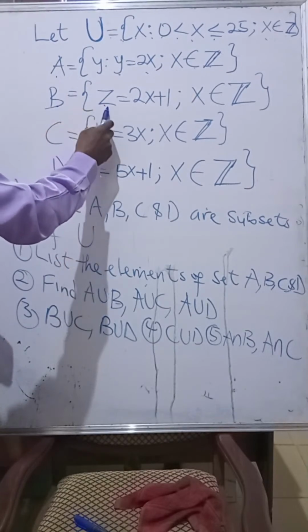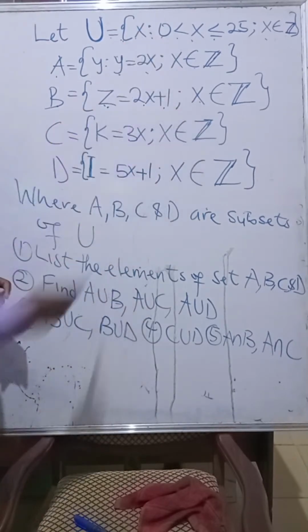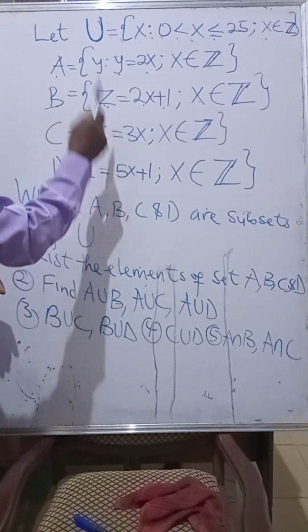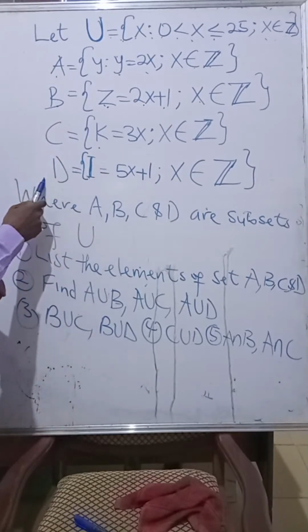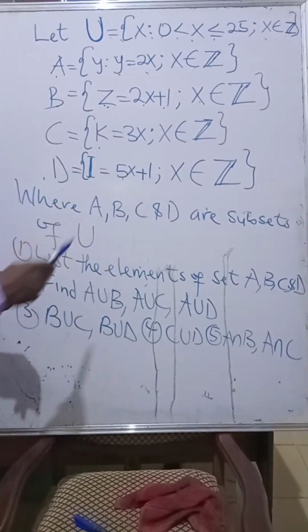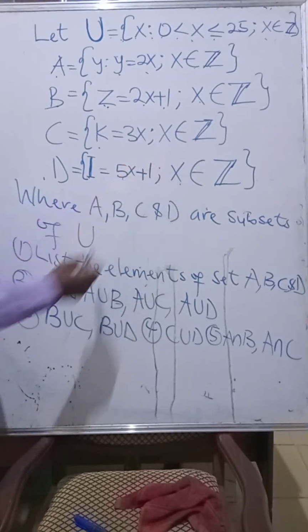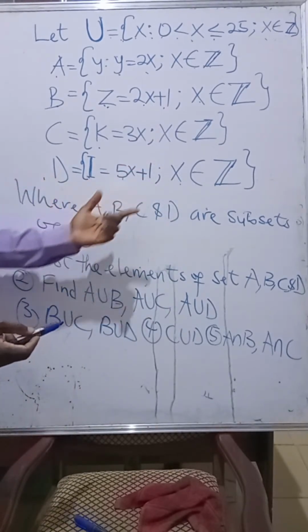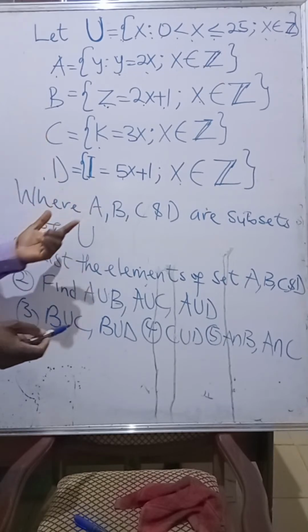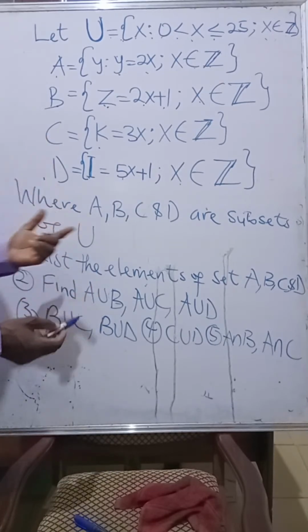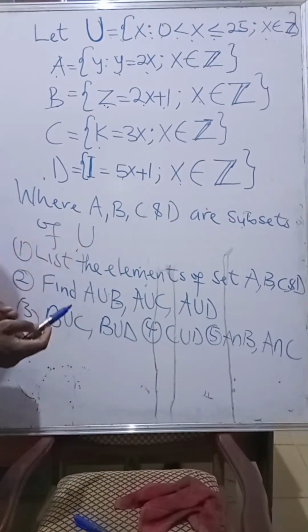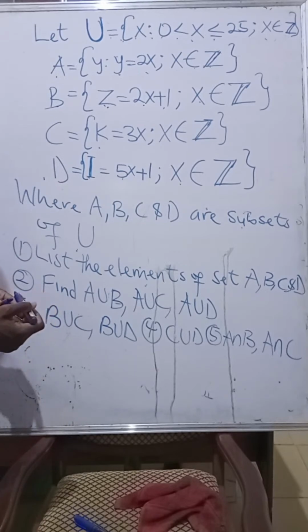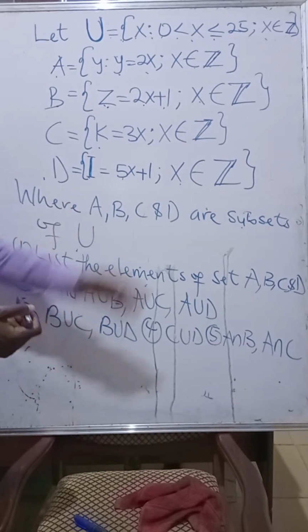For B, z = 2x + 1, x belongs to positive integers. C is k = 3x, and x belongs to positive integers. For set D, i = 5x + 1, x belongs to positive integers, where A, B, C, and D are subsets of the universal set. List the elements of sets A, B, C, and D. Find A union B, A union C, A union D, and so on.